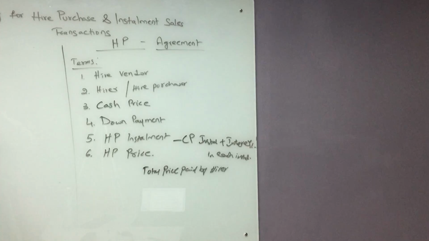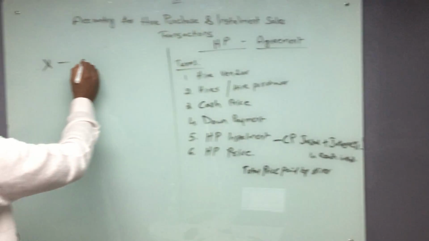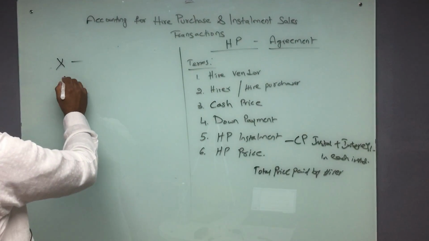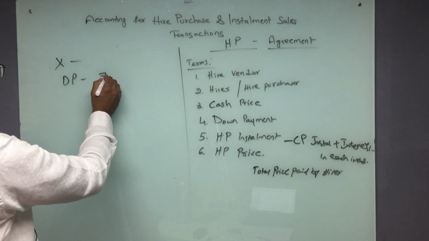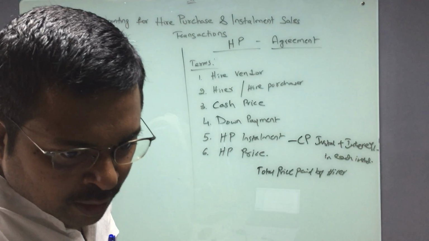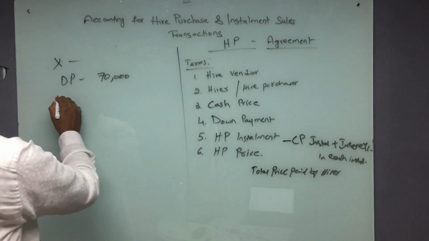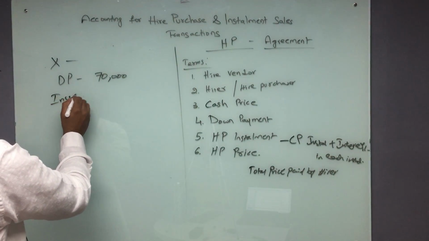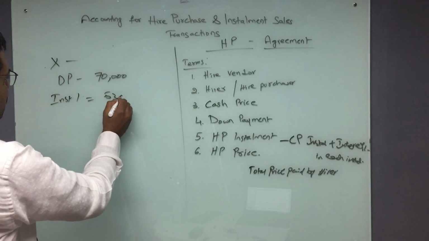See, X purchased machinery and down payment is 70,000. Okay. And installment 1 is 53,000.